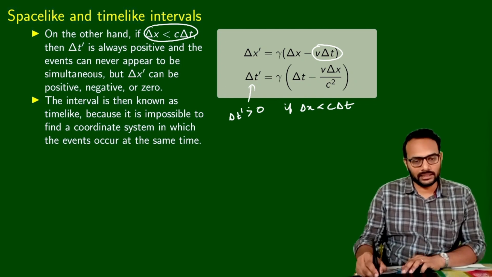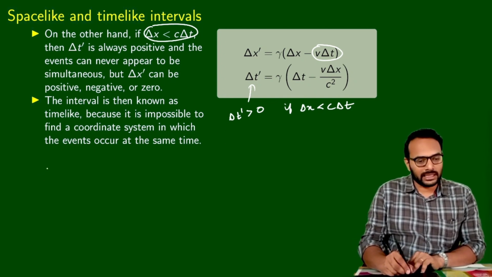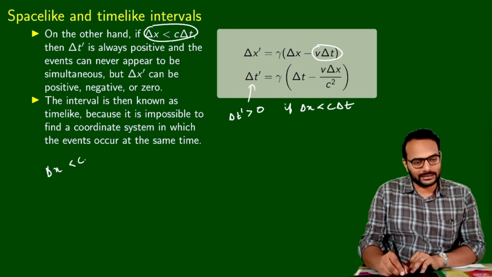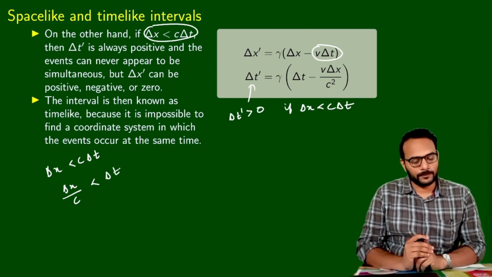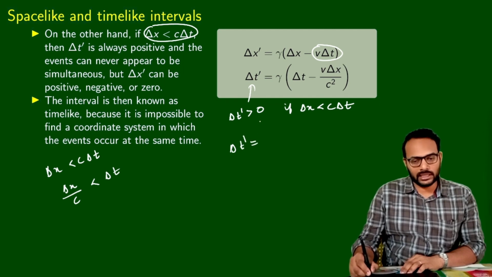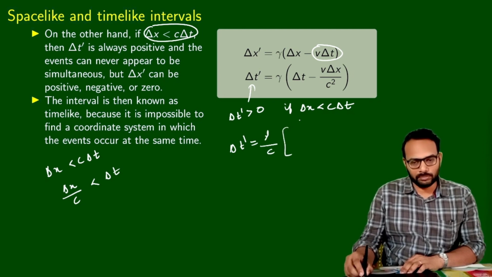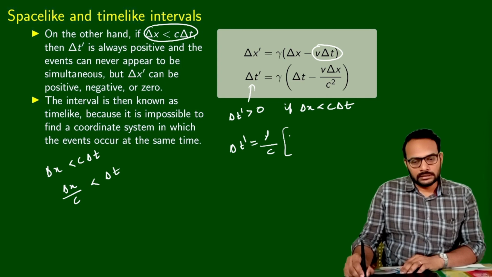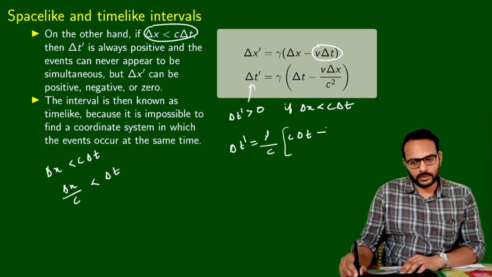This can be seen clearly. Just look at this equation. We are considering the case where delta x is less than c delta t. In other words, delta x divided by c is less than delta t. Now for delta t prime, for convenience, let's pull out 1 by c from this bracket. So this becomes gamma divided by c multiplied by c delta t, because I have pulled out a 1 by c. Here there is already a v divided by c square.